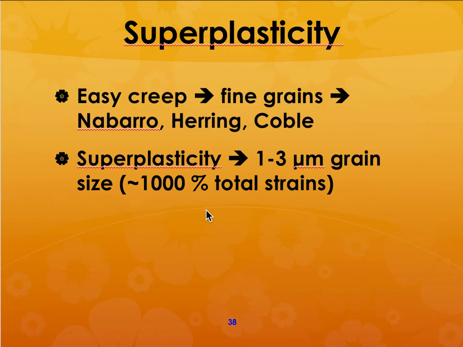If you have some components that you cannot easily form, you reduce the grain size in such a way that they can easily become superplastic. So you can easily make a component into a certain form based on this process.